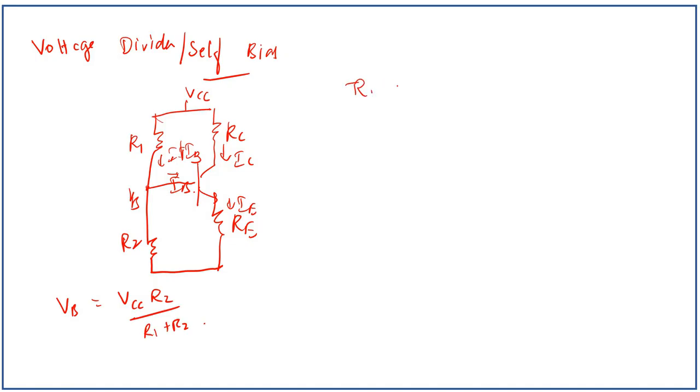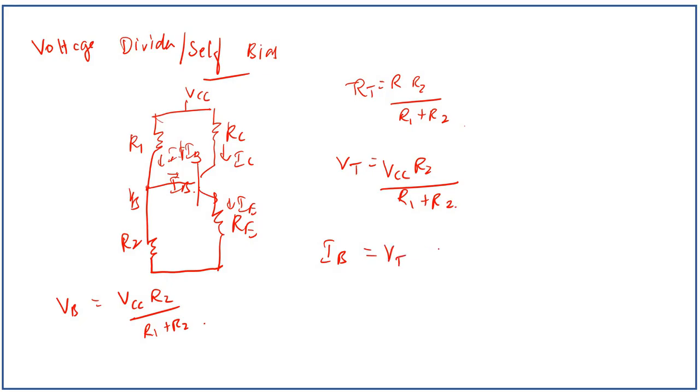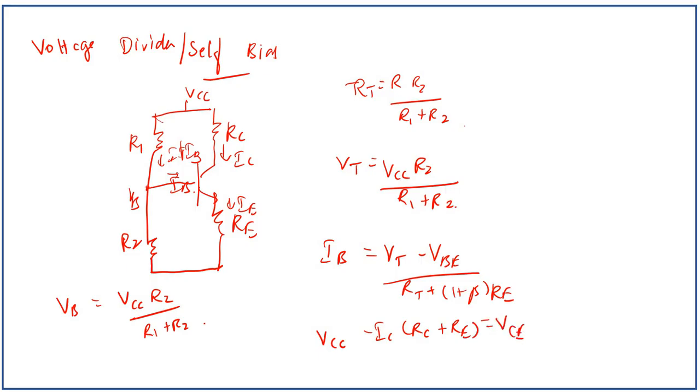RT, the equivalent resistance, is R1 R2 by R1 plus R2, and then Thevenin's equivalent voltage VT equal to VCC into R2 by R1 plus R2. On writing KVL for input side, IB is VT minus VBE by RT plus 1 plus beta into RE, and we write KVL for the output side, VCC minus IC into RC plus RE equal to VCE.